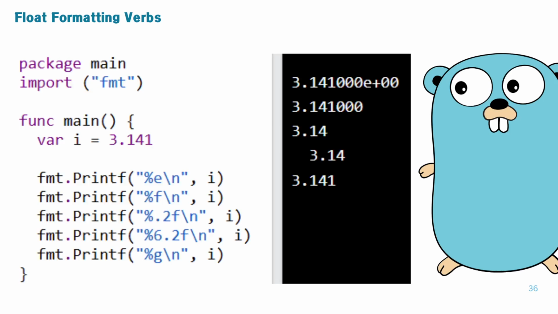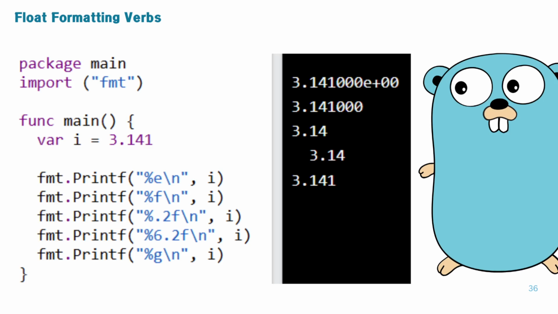Let's see an example. We have declared one variable with the value 3.141. When we print it in the form of exponent, then we have 3.141 and e to the power 0, so it is basically telling us 3.141 times 10 to the power 0, that sort of thing. Then we have %f, which is basically printing it without exponent.